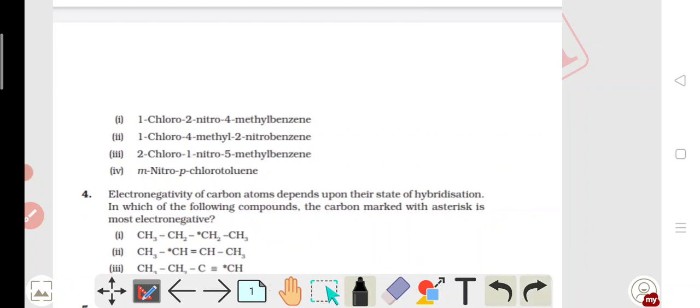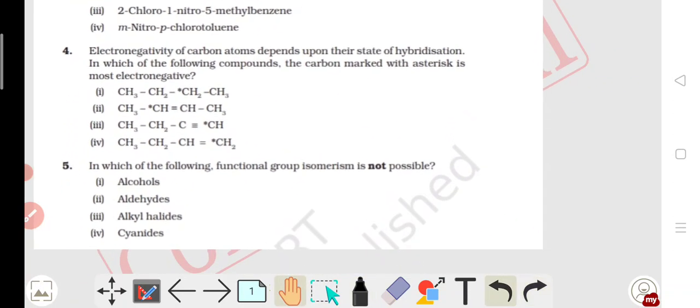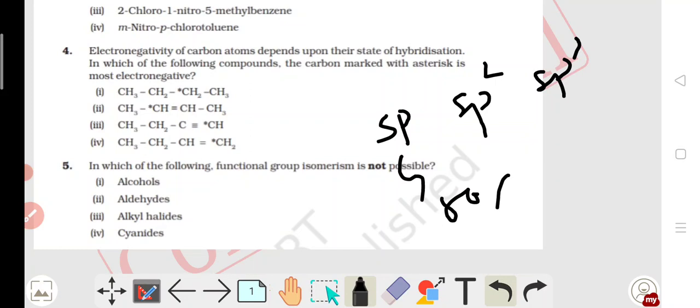Next comes question number 4. The electronegativity of the carbon atom depends upon its state of hybridization. In which of the following compounds is the carbon with the asterisk or star mark most electronegative? As you know, hybridization sp, sp2, sp3, here s character is 50%, here 33%, here 25%.